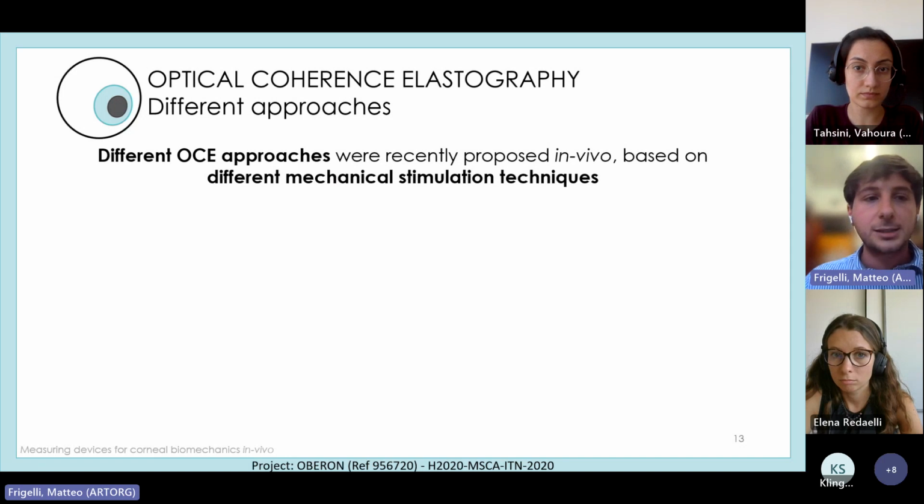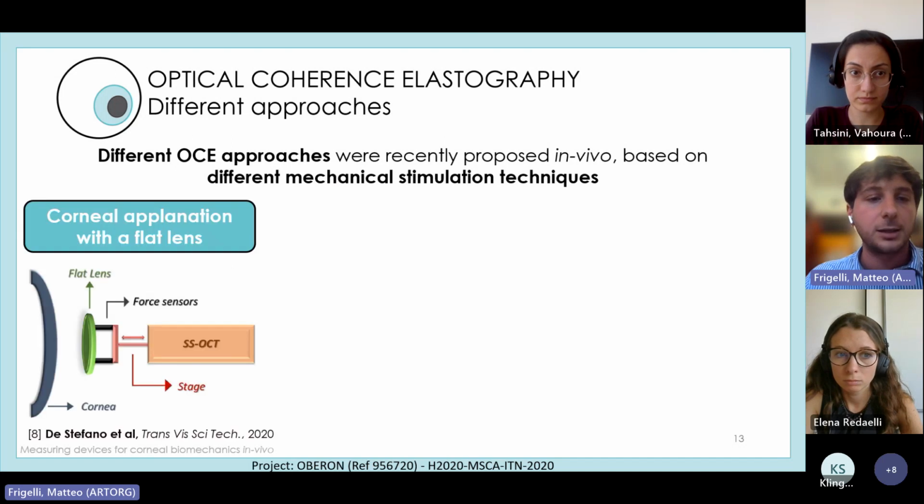In recent years, different approaches have been proposed in the literature to apply this technique in vivo. They differ from one another basically because of the stimulation techniques that have been applied. The very first one relied on an applanation of the cornea with a flat lens. So it was actually minimally invasive.